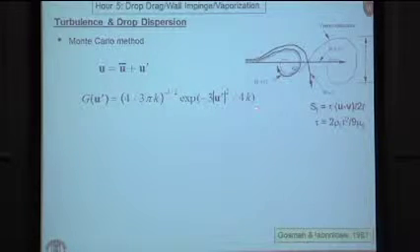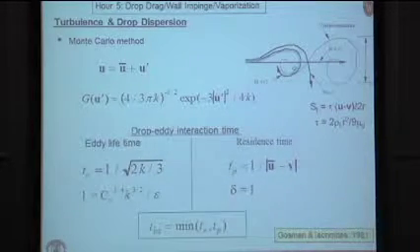We'll assume we have some kind of Gaussian distribution of turbulent velocities. The width of the distribution will be determined by the turbulence kinetic energy. And we'll pick at random this left-hand side, again, a number going from 0 to 1. And then, knowing the turbulence kinetic energy in that particular computational cell, we can calculate a u prime. That gives us a measure of what type of turbulence to expect in that computational cell.